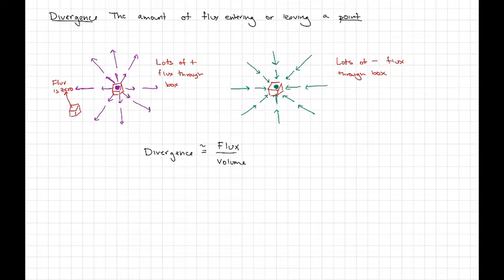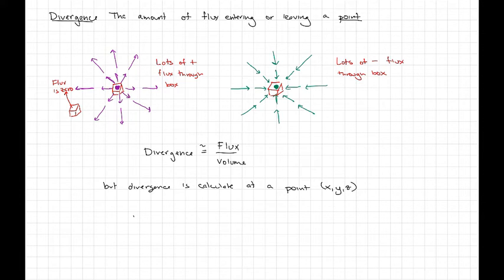I say it's only kind of like that because the divergence is calculated at a point, just like we calculated the gradient at a point.